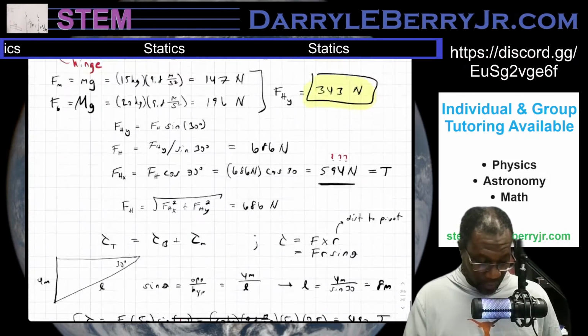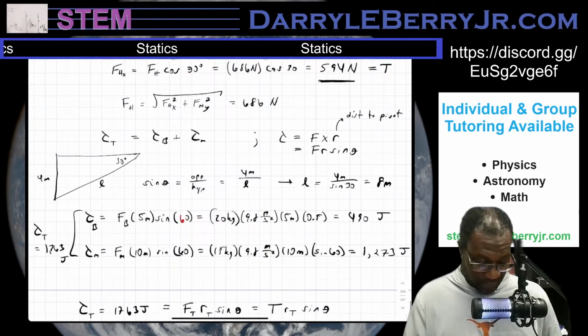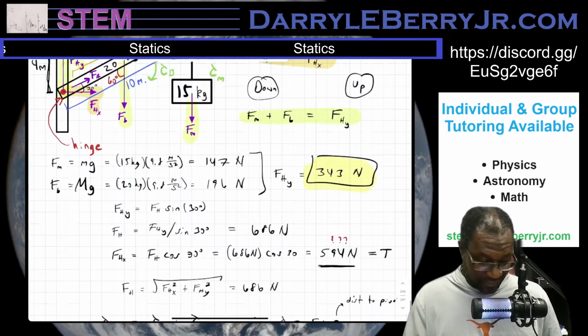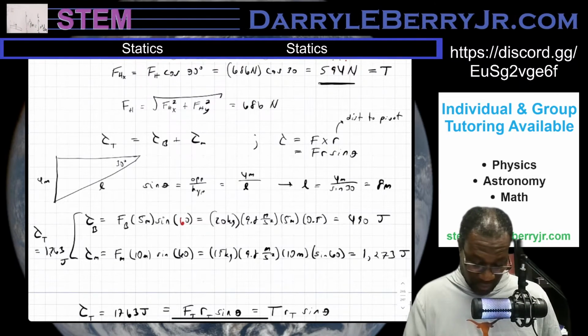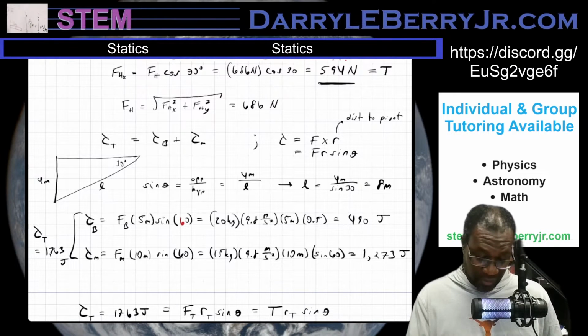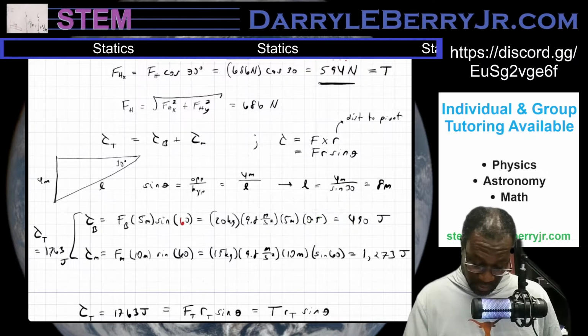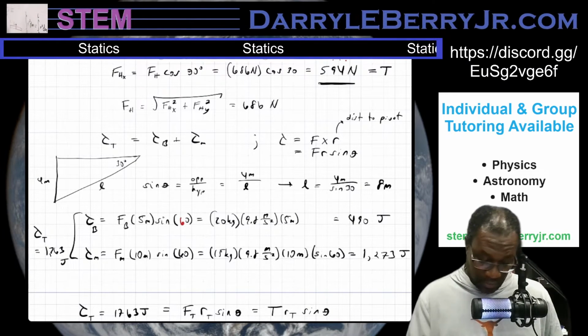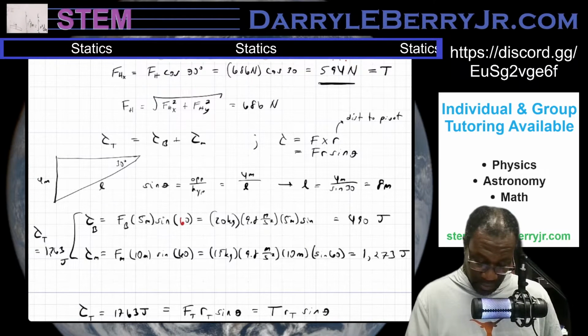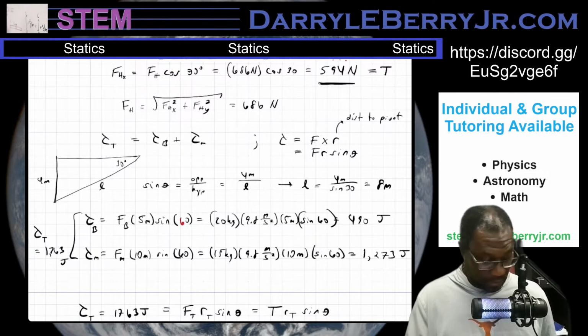So the torque for the beam is going to be the force beam, 5 meters, 60 degrees. That's where I made my error. They're going to be 20 kilograms sine 60.